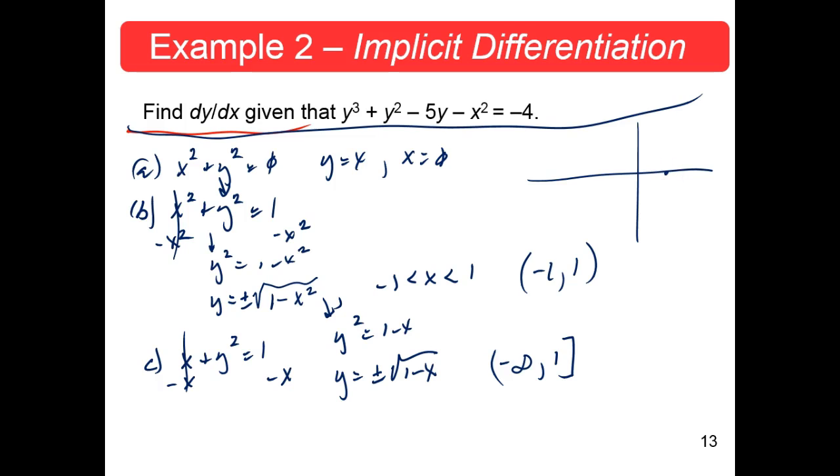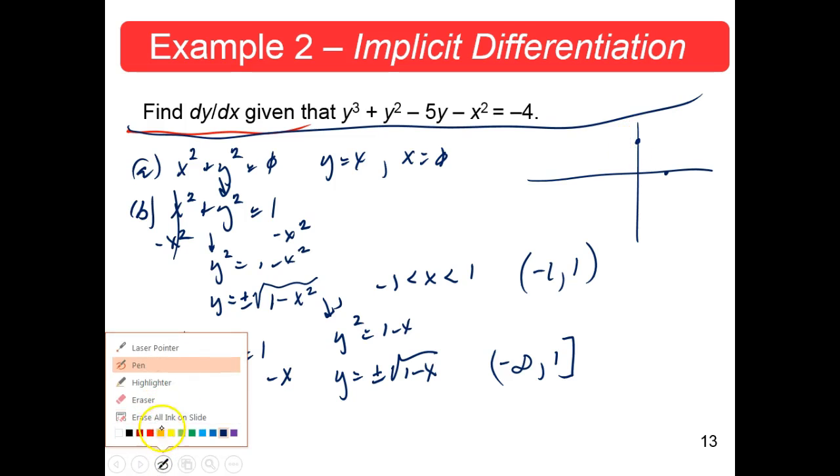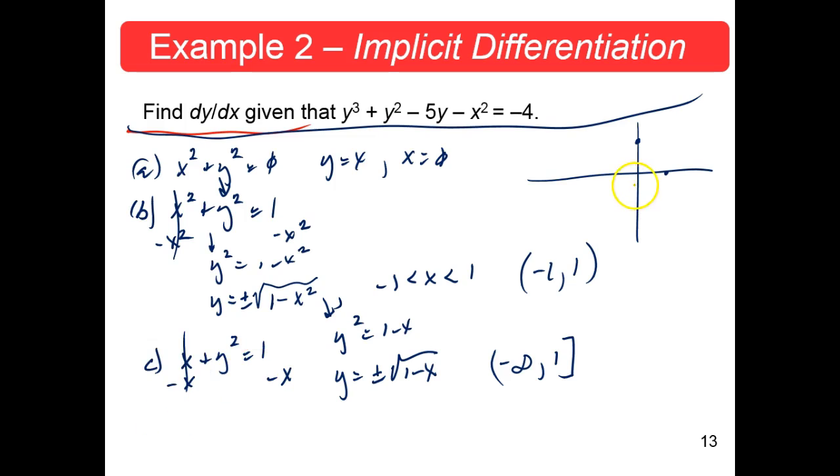How about when x equals 0, what do you get? You can get positive 1, or if we're on the orange side, negative 1.